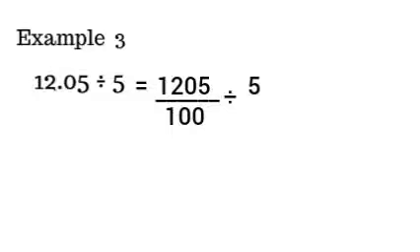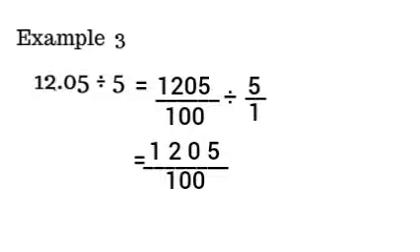Anytime we have a whole number, we can write it as 5 over 1. So we can solve further. We will have 1,205 over 100 times, once we change the division to times, 1 goes up, 5 comes down.